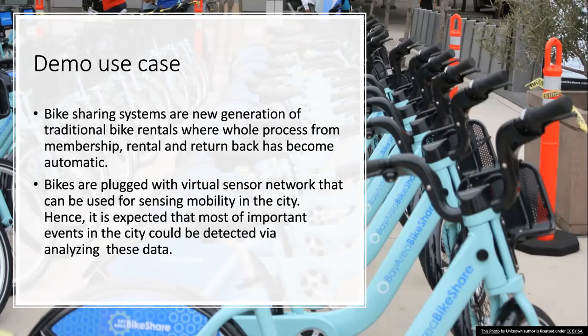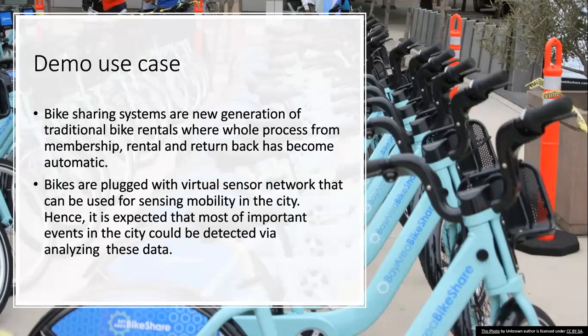They have bikes for rent, and what happens, right? In this use case, they plug their bikes with a virtual sensor, which will capture some kind of climatic conditions in the area where these bikes have been used, right? And as part of this demo use case, what we are trying to understand is, if I'm taking a bike, whether this is the right climate to take a bike and drive outside, or we have to refrain from taking bikes.